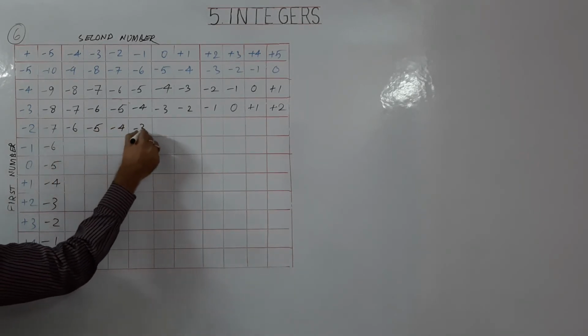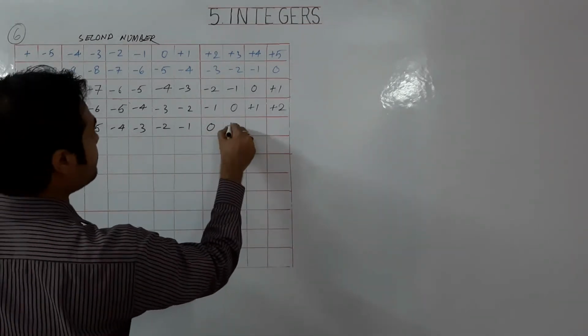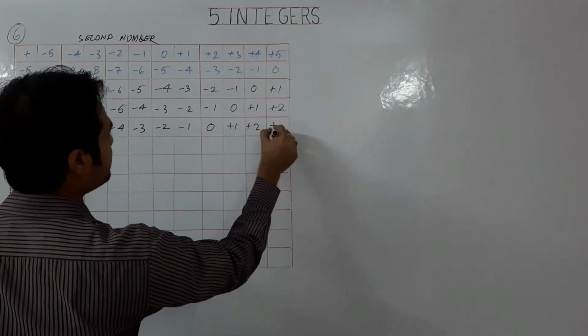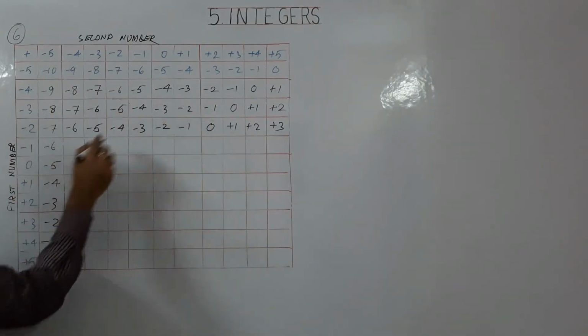So again, we can write these numbers by observing this trend or series.